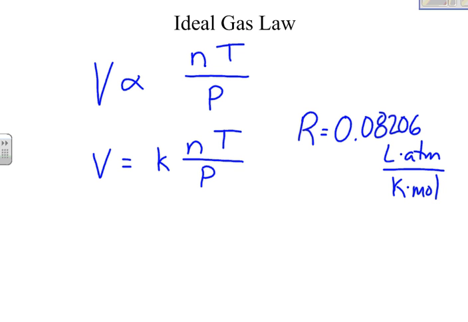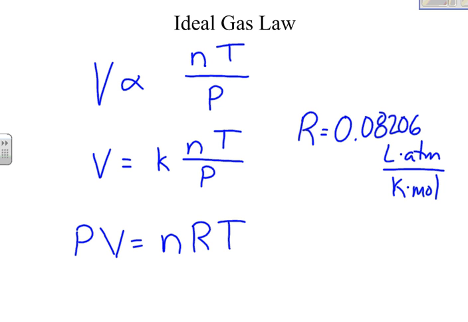Now I'm going to rearrange this equation so that it flows a little better. Using a little bit of algebra, I multiply each side by P, and I have pressure times volume equals nRT.